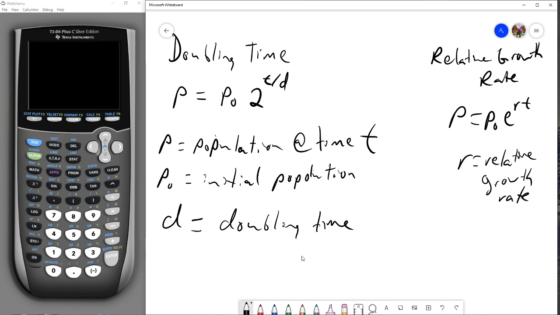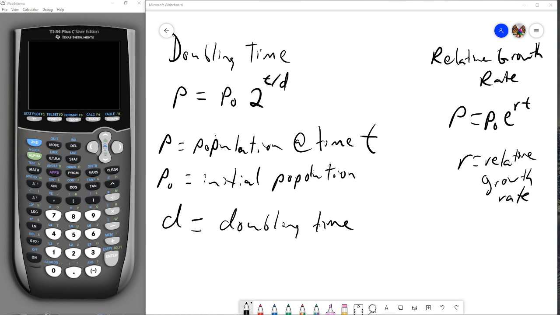And we had the relationship between r and d, which I forgot to put on my review. So let's go ahead and look that up real quick so that you have that, because that is important.